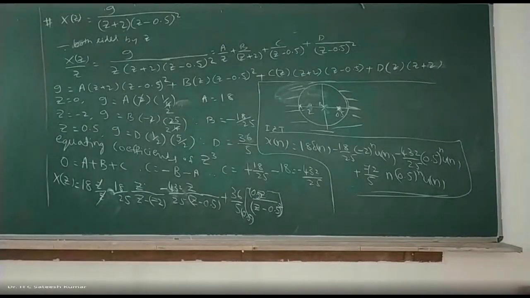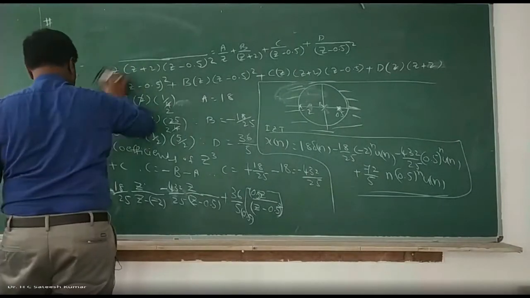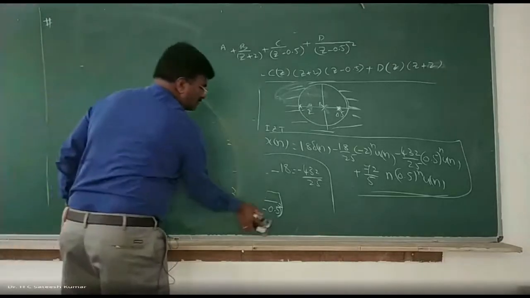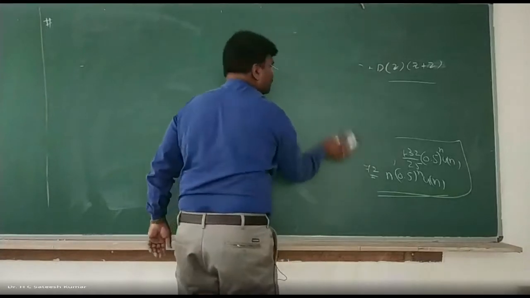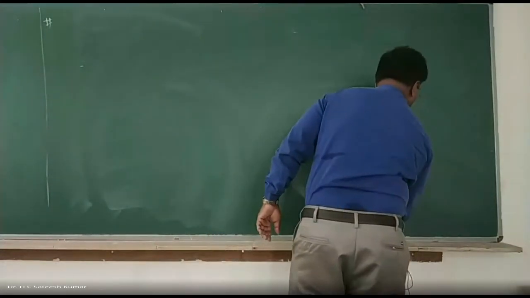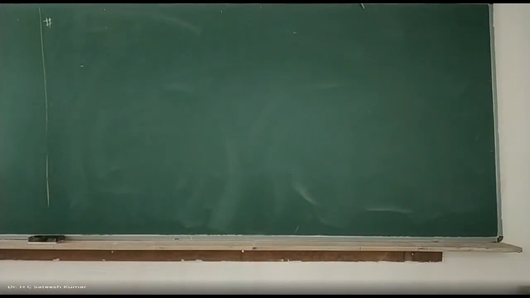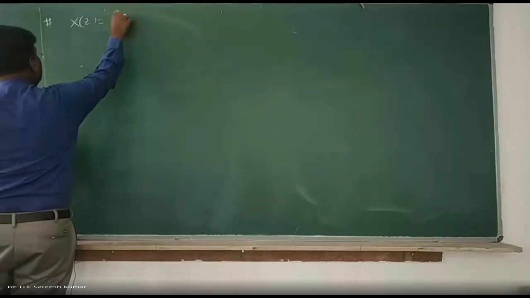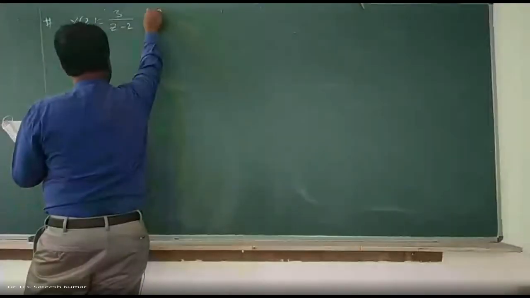One more examination problem, a simple problem asked in the exam. Find the inverse Z transformation of X of z equal to 3 divided by (z minus 2) with ROC mod z greater than 2.